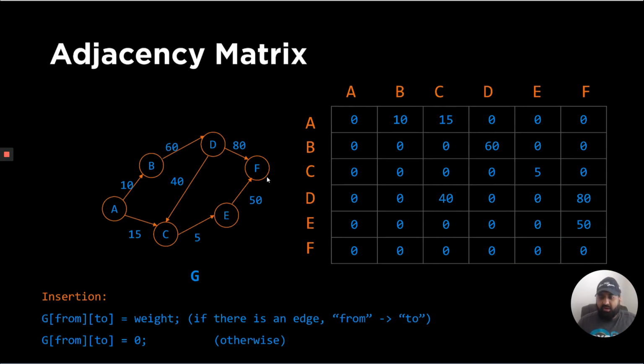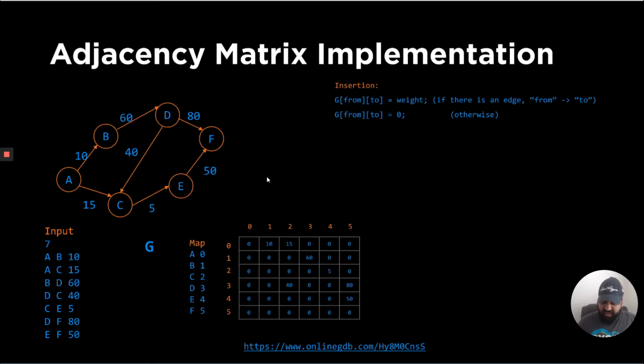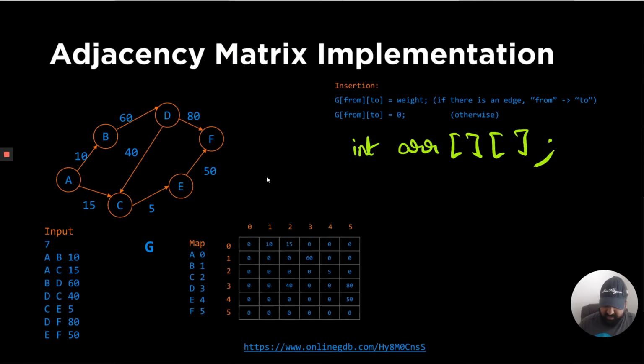So how we can represent this in C++ is again using a 2D array, where we can define something like int arr with the syntax, and this is going to have V values, which is you are going to define memory for V vertices where V is a constant.